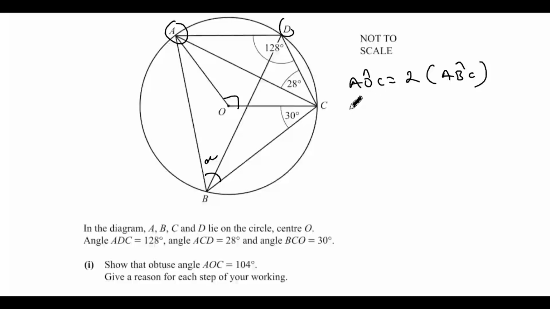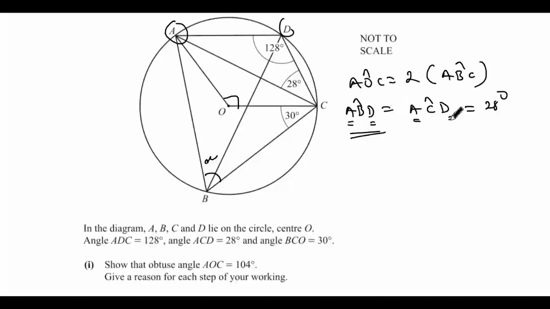So I can say ABD is equal to ACD. You can see the arc AD here and the arc AD, so they must have the same arc. They will be equal to 28 degrees. So I have found angle ABD that I need already.